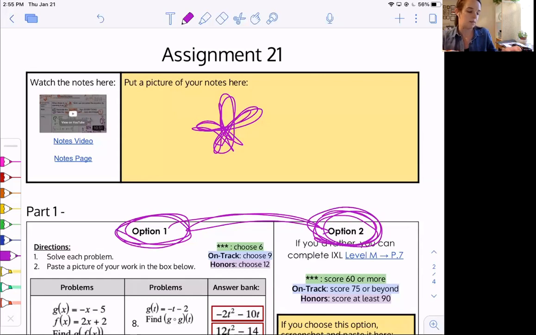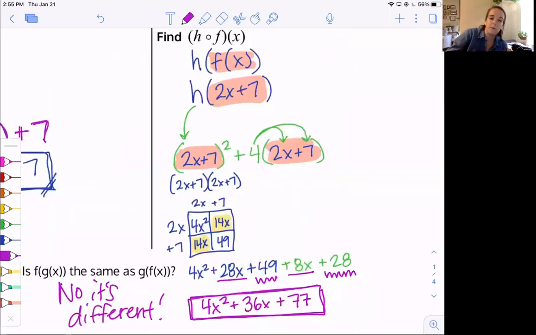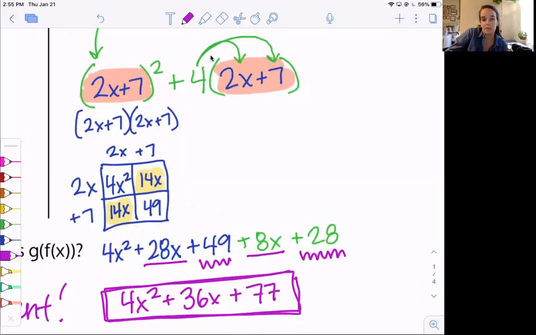Other than that, let me go back to Brandon's question. Brandon, you said you know how to do it, but why do we do them like they're two separate problems? Are you talking about this part here where we did the box separate from the distribution? Yeah. So in this, there are actually two terms here. There's the squared term and there's the 4x term. Because there's a plus sign there, they're two separate things being added together, right?